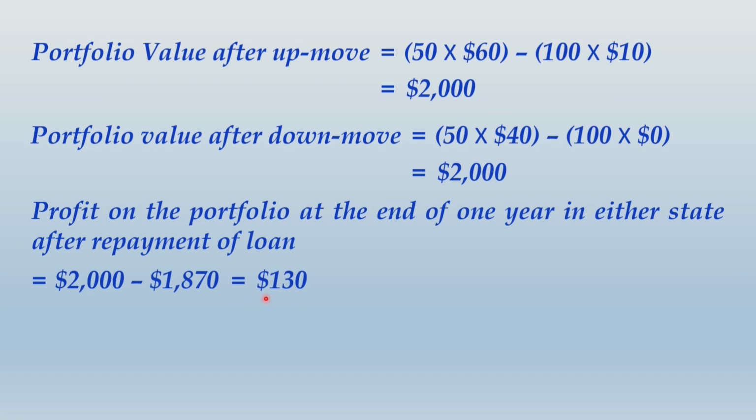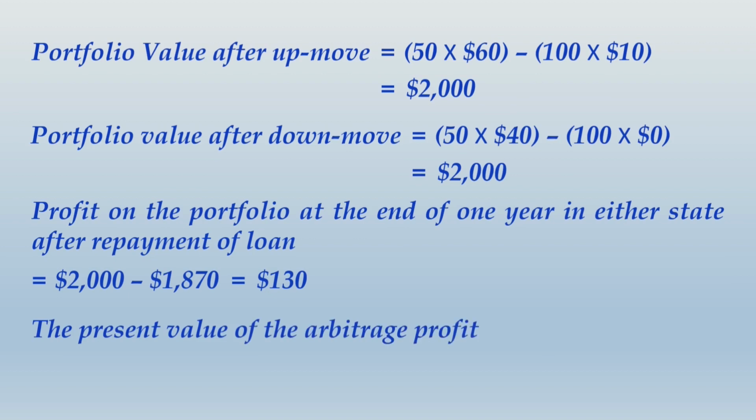After 1 year, correct? So what will be the present value of this arbitrage gain? If you want to determine, you again discount it using the risk-free interest rate of 10%. So $130 divided by 1.10 would give you $118.18. So please write up this whole thing, and that will be end of the solution.